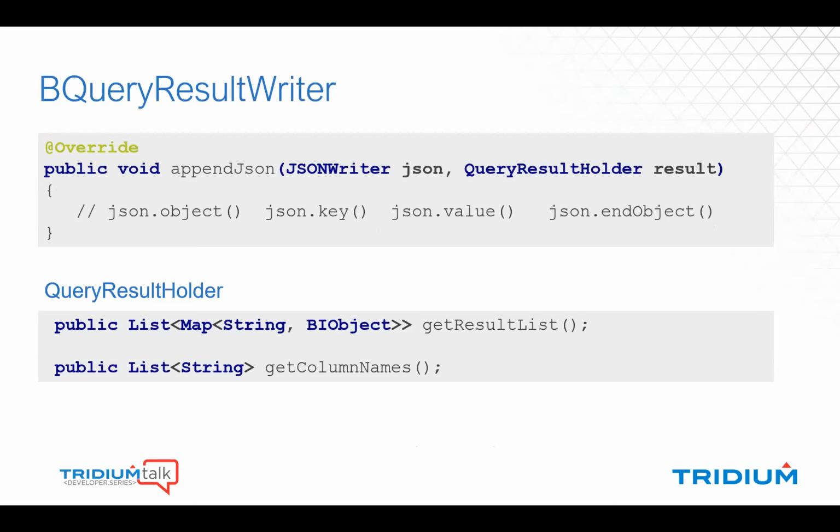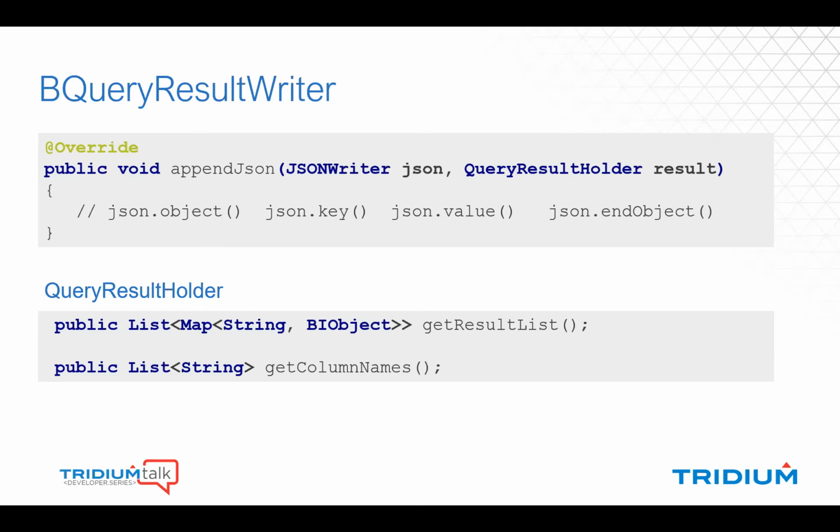Then all you need to do is implement the method appendJson, which is passed two useful objects as parameters. The first of these is the JSON writer, which is the current JSON writer being used by the JSON schema to create the JSON string. And you can append anything you wish to this in terms of adding new objects, arrays, and key value pairs.